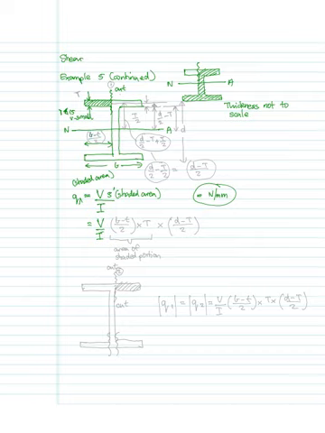So that dimension there is b minus t divided by 2. We'll put b minus t over 2 as the first bit, and we know the thickness is going to be t, so that needs to be multiplied by t, and that would give us the area of the shaded portion.